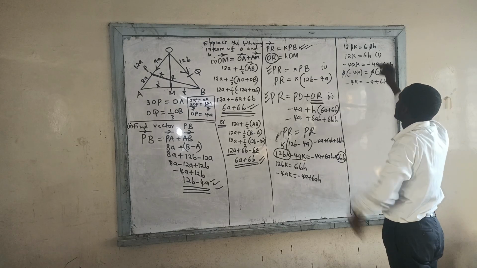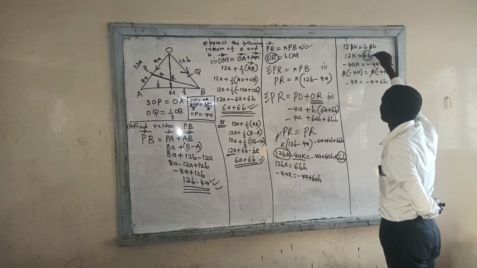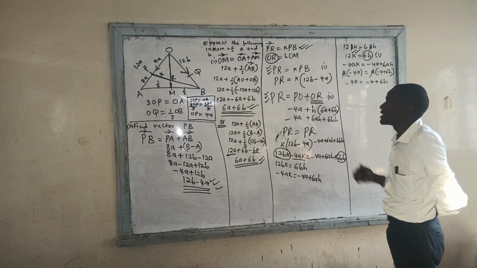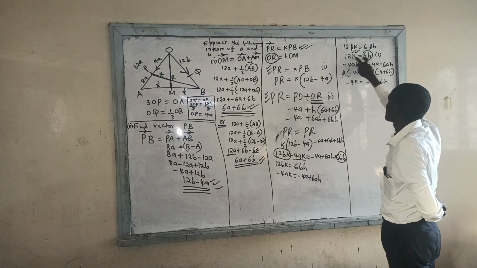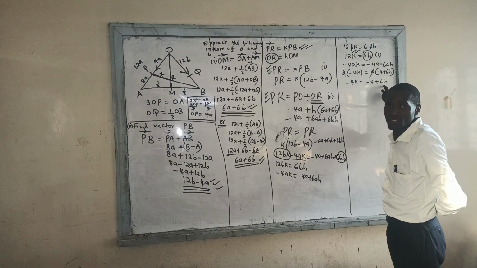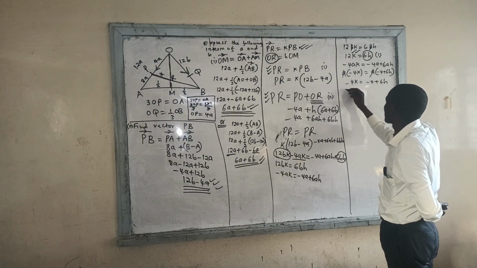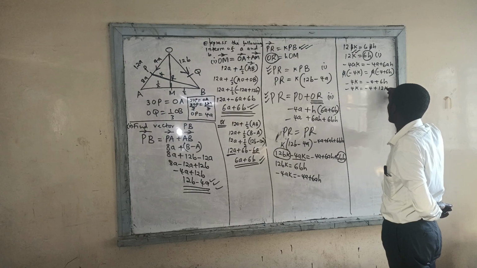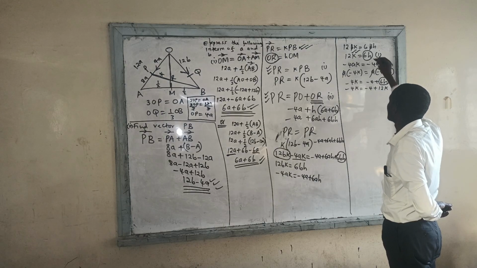Now look at this. You have been told 6H is 12K as per the first equation. So just take this 12K, which is equivalent to 6H, and put it here in the second equation. So you'll have minus 4K is equal to minus 4 plus 12K. Why? 6H is the same as 12K.